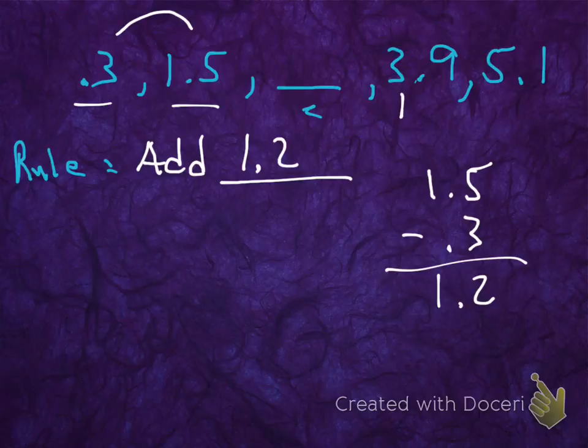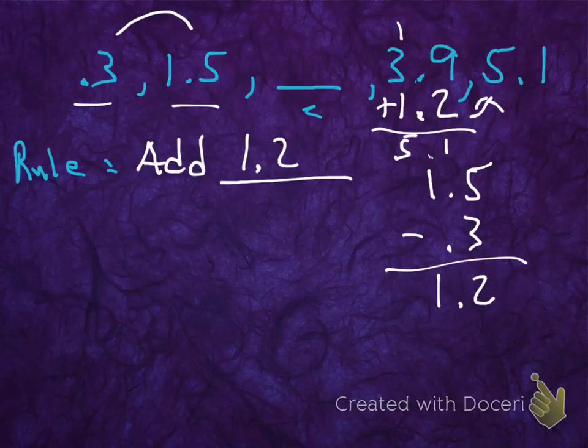I could take this 1 2/10 and add it to my 3 9/10 to check and see if that is in fact the rule, to see if I get 1 5/10, and I notice that if I do that, I am getting 1 5/10, which matches my rule, add 1 2/10. Now, in order to figure out what this unknown term is, I take the number that is right before it, which is 1 5/10.